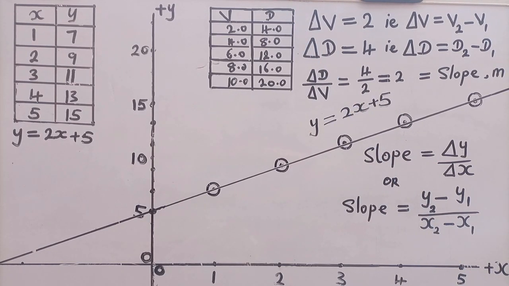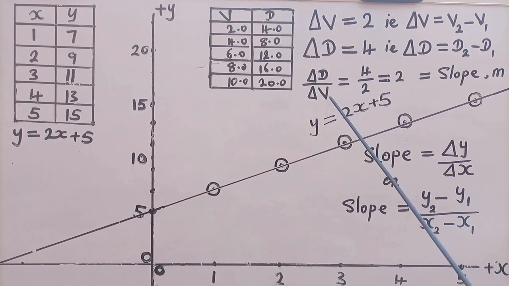When this table was shown on Cartesian plane, we recall that D was plotted on the vertical axis, and this volume was plotted on horizontal axis. And then we also recall that it was this volume that determined the value of the distance. Therefore, the volume is the independent variable, while the distance is the dependent variable.